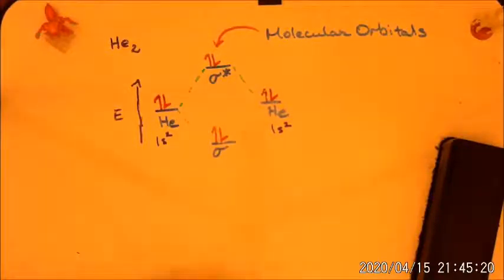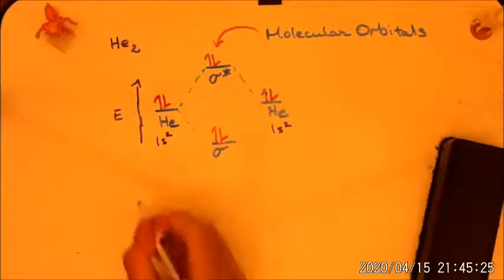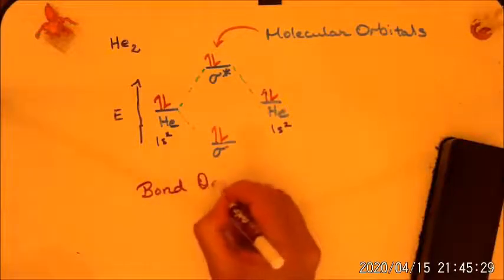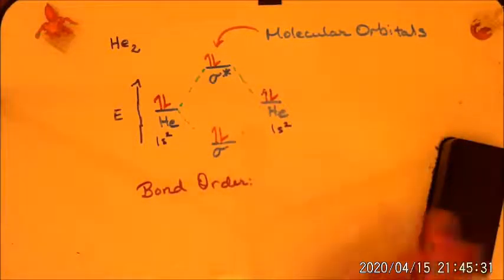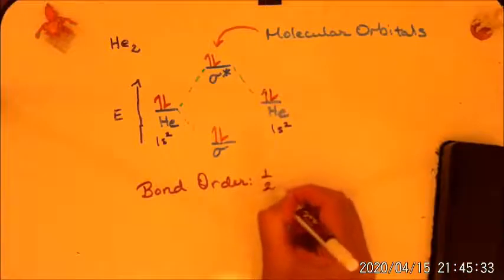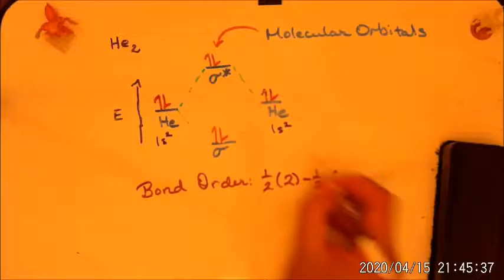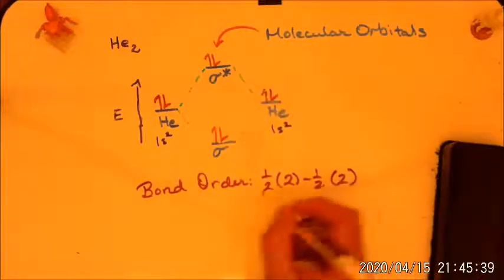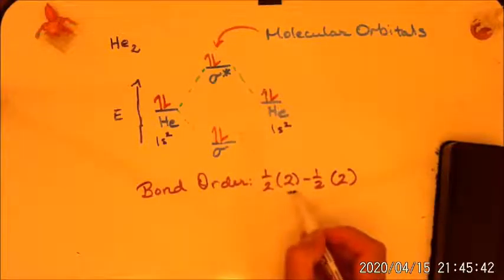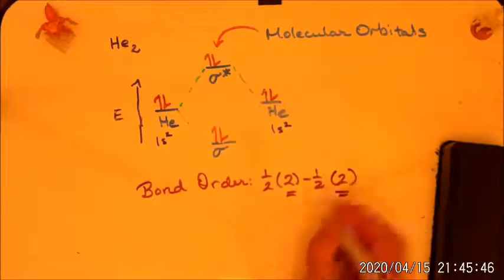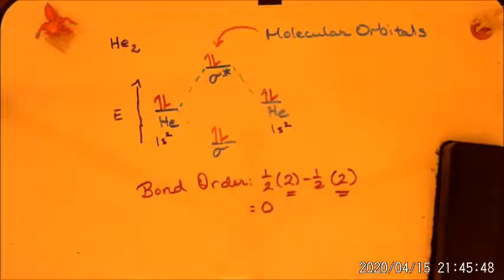So if we determine bond order, okay, 1/2 of 2 electrons minus 1/2 of 2. Remember, it's 1/2 of all my bonding electrons minus 1/2 of all my anti-bonding electrons. So my bond order is equal to 0.